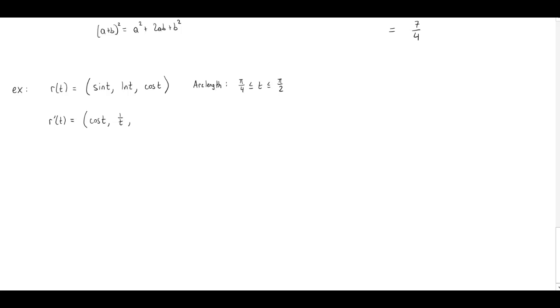So then next, remember that we need the magnitude of the derivative vector. So we get cosine squared plus 1 over t squared, and next plus sine squared. Okay?